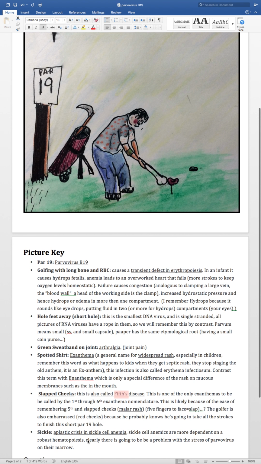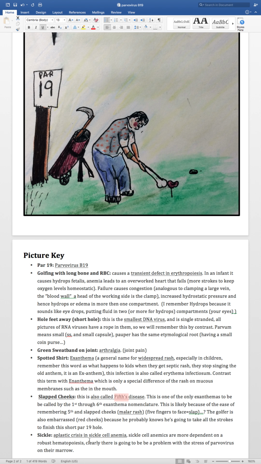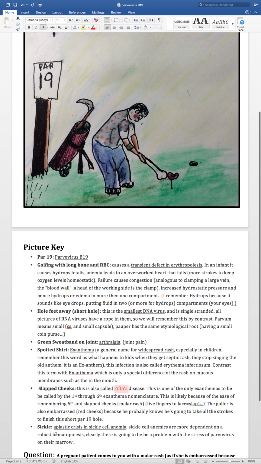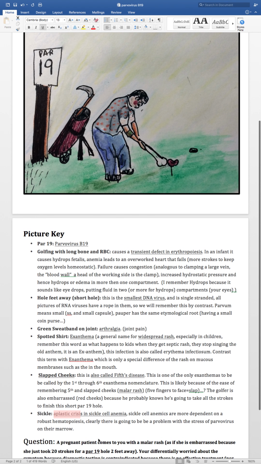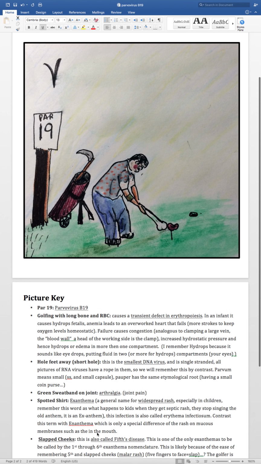The reason why it's going to be a special problem for them is they already have a very strong dependency on hematopoiesis because there's a reduced lifespan of their sickle cell red blood cells, and this is going to cause a particularly serious problem in sickle cell anemics called the aplastic crisis. So yeah, that's the picture.